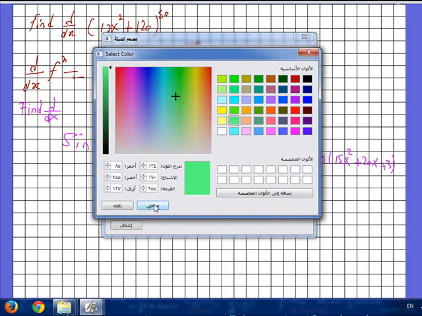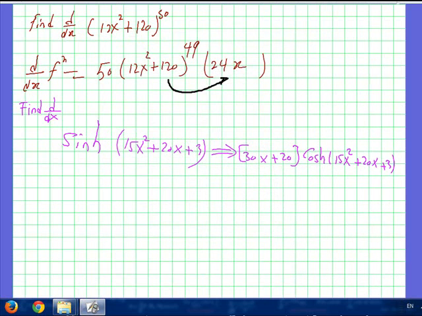So the derivative of the bracket to the power n will be 50, the bracket to the power 49 multiplied by what is inside the bracket.